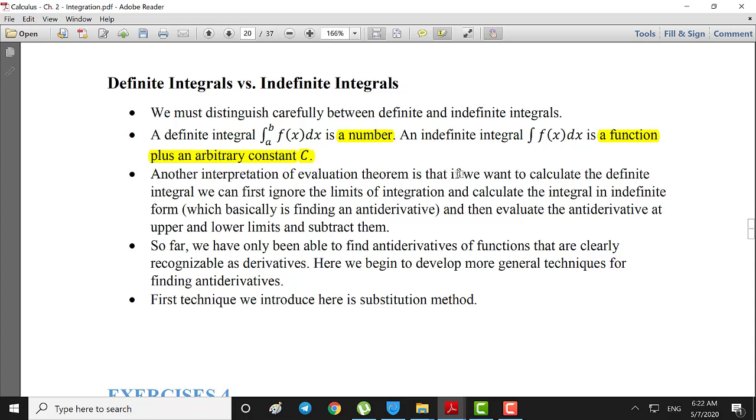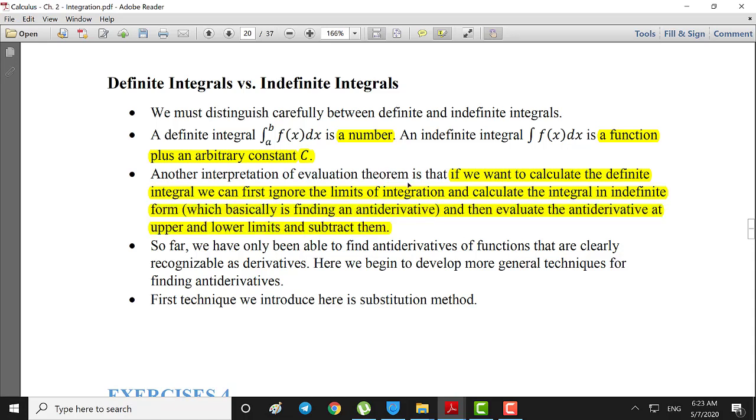And that is, if we want to calculate the definite integral, we can first ignore the limits of integration and calculate the integral in the indefinite form, which basically is finding an antiderivative, and then evaluate the antiderivative at the upper and lower limits and subtract them, right?